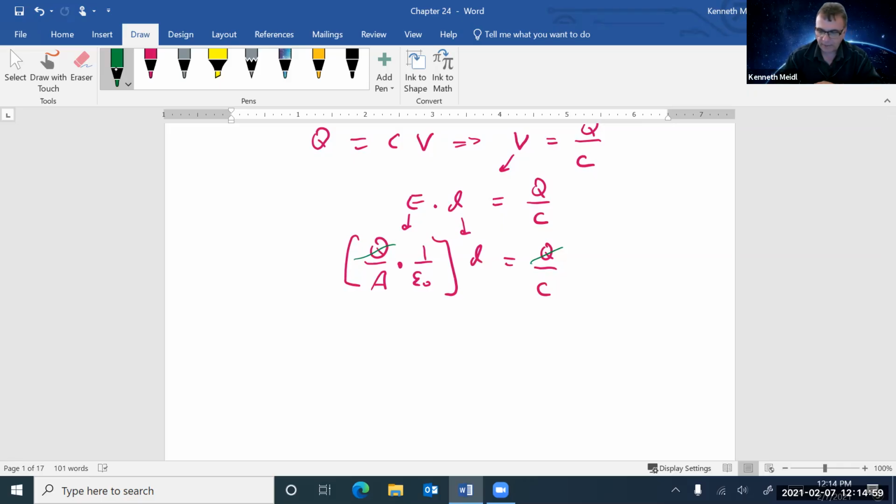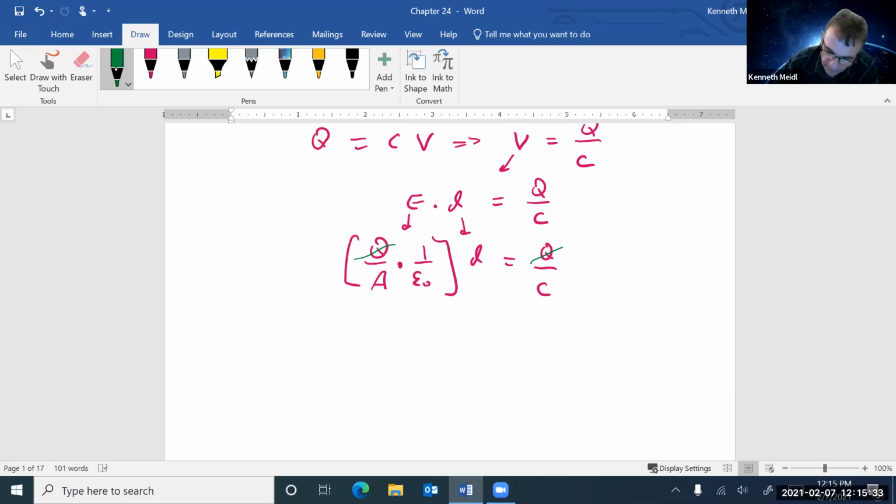But what I could have done is made my Gaussian the entire size of the plates. Then I would have the total amount of charge enclosed, right? And then that area that I see right here would be the area of a plate. The other plate has the same area, and whatever is happening on one plate is happening on the other plate. So if you think about making your Gaussian giant here, then you would have the full area of the plates, and that's nice to think about it like that.